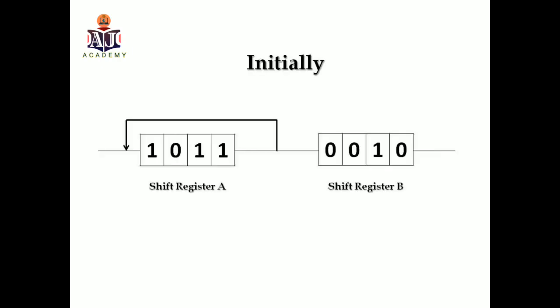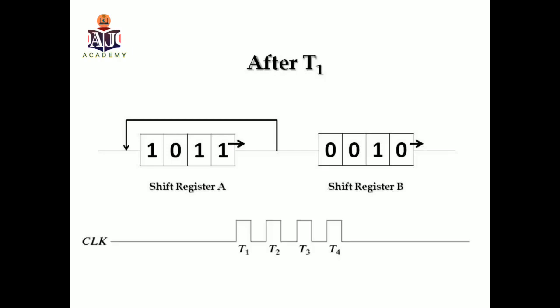And we have an illustration here of the shift register. There are two shift registers we have used here. One is A and another one is B. Initially, before any clock transition, A contains 1011 and B contains 0010. After the clock transition T1, the bits are going to be shifted as shown here.